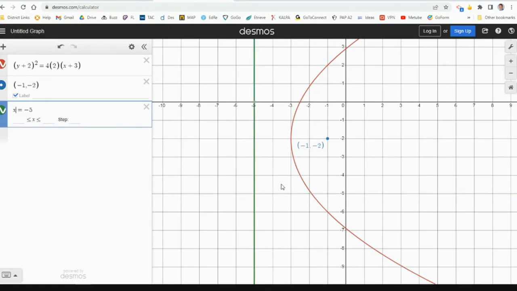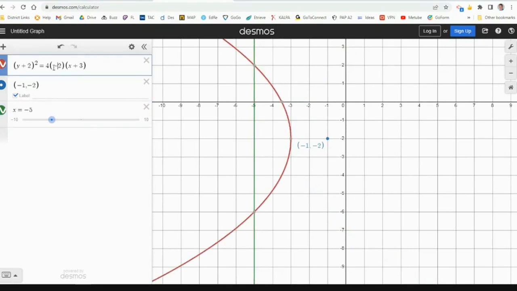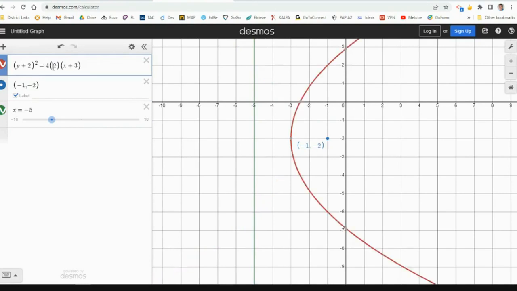So if we had a sideways parabola, then we'd put our focus inside over here, and our directrix would be an x equals. It'd be an up and down line, a vertical line. And again, if it was a negative, it would be facing left, and those would have to trade places, but it's a positive, so it opens to the right. But the focus is always inside the parabola, whichever direction it faces. Okay. That makes sense.